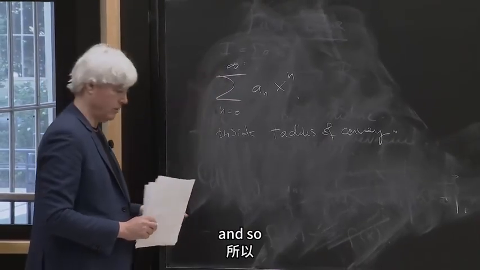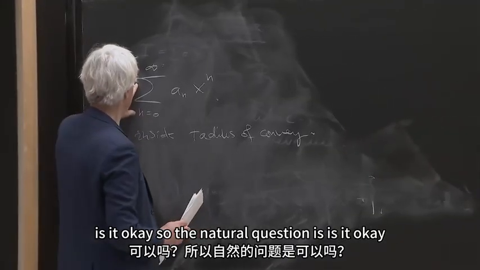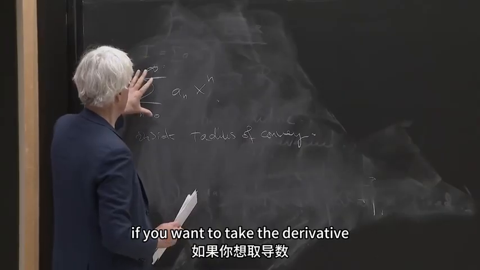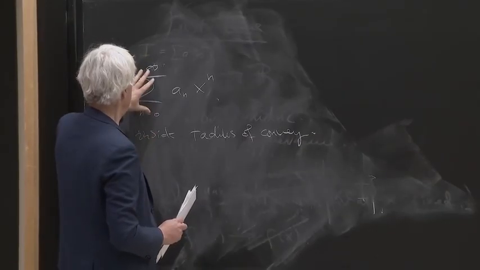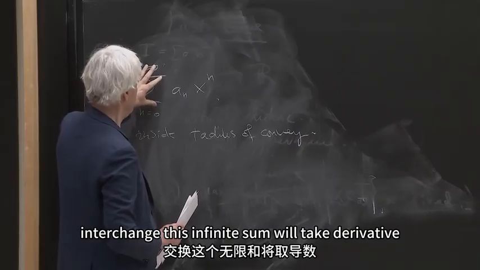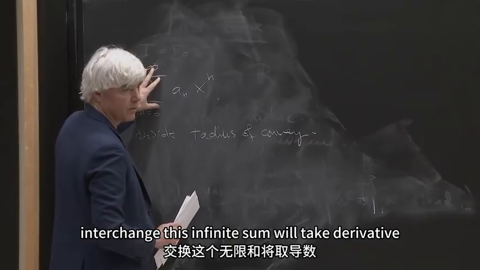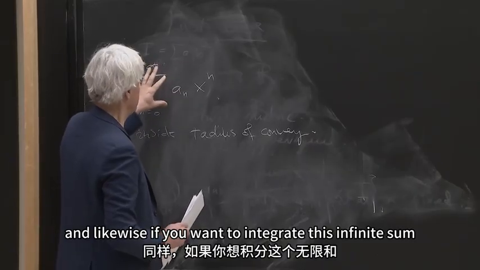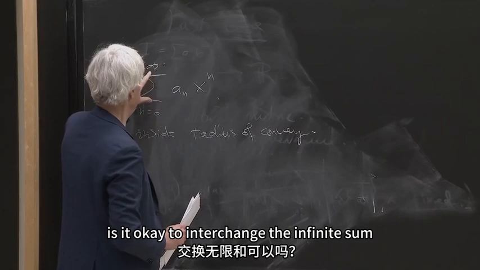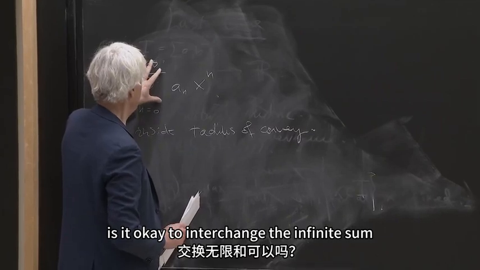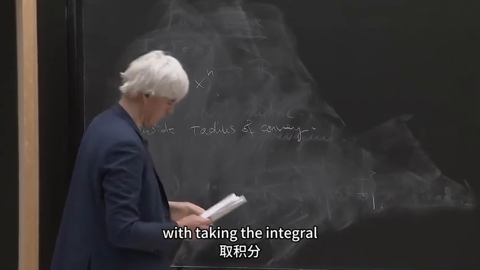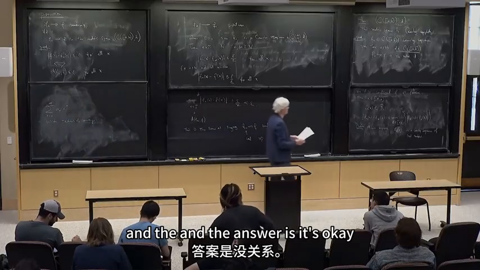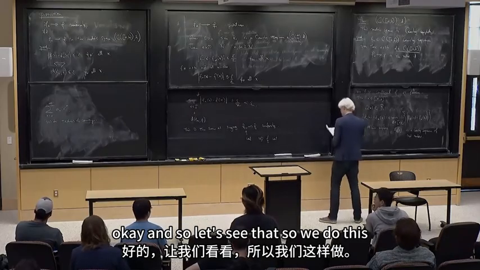So the natural question is: if you want to take the derivative, can you interchange this infinite sum with taking the derivative? And likewise, if you want to integrate, is it okay to interchange the infinite sum with taking the integral? The answer is it's okay. Let's see that.